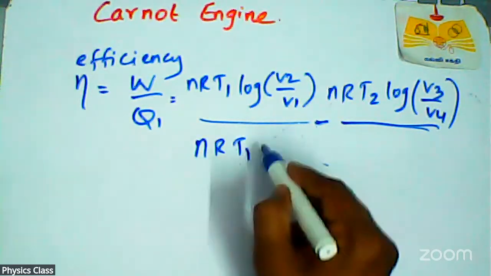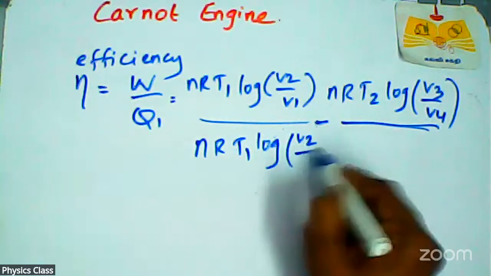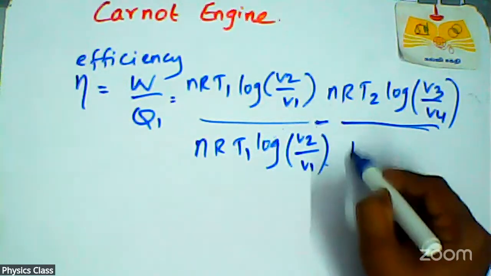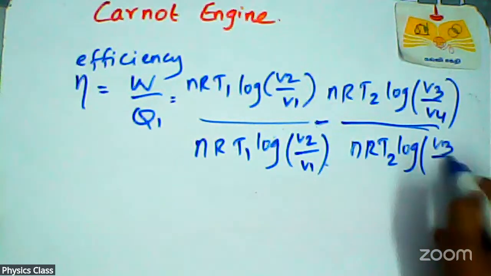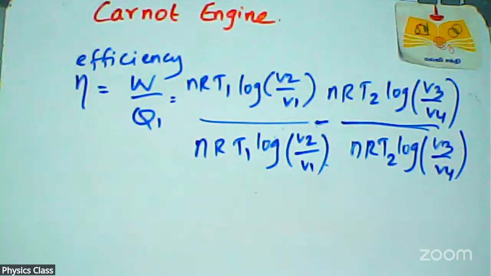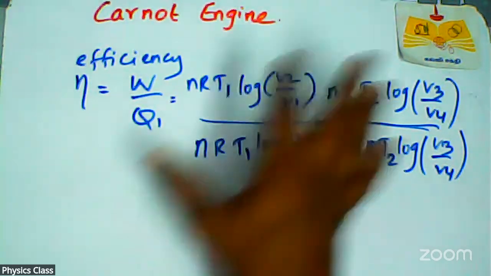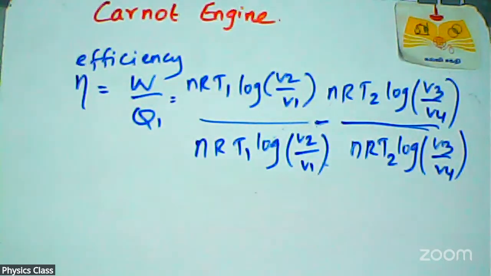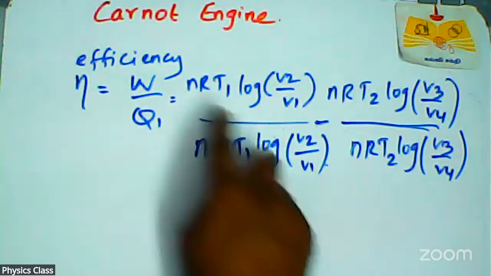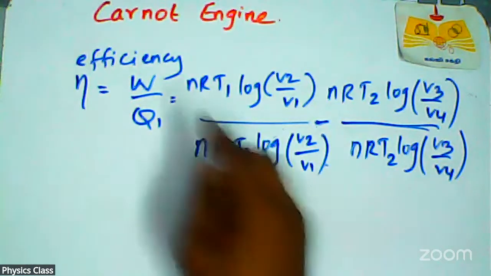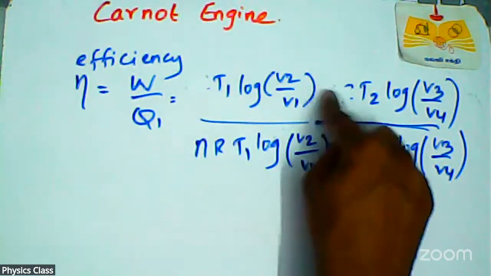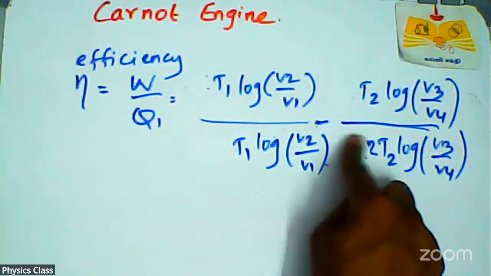In this process, we can take nR as common, because nR is there in every term. So we can take nR as common and cancel out.